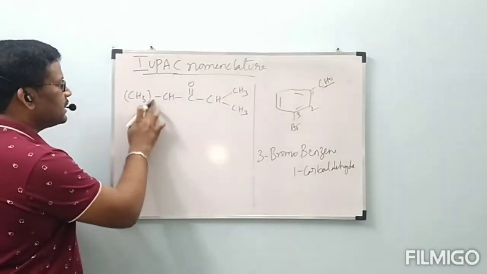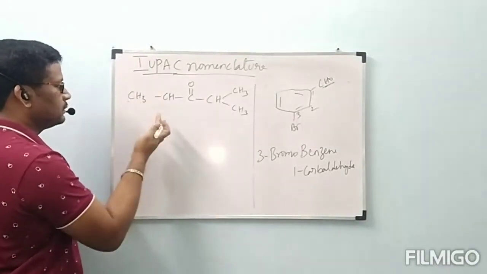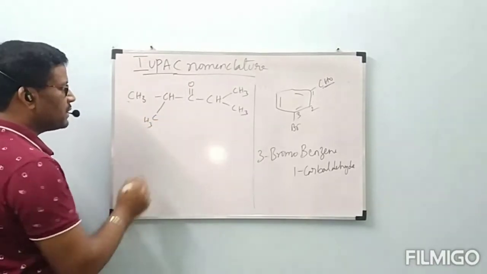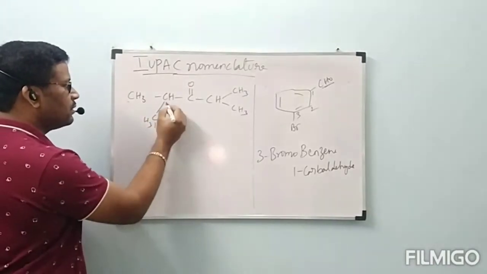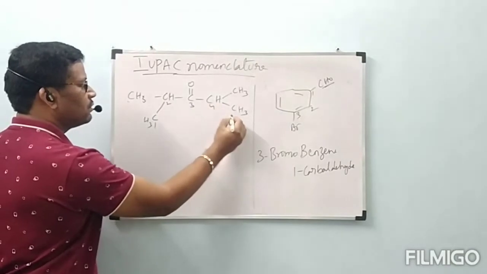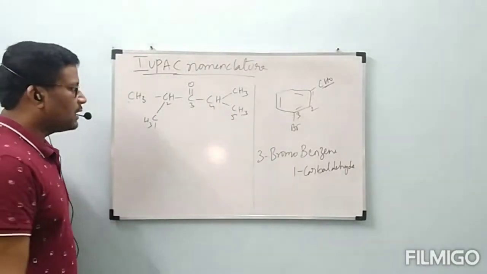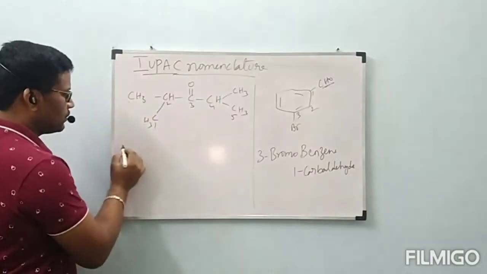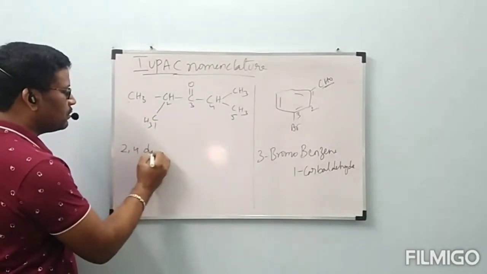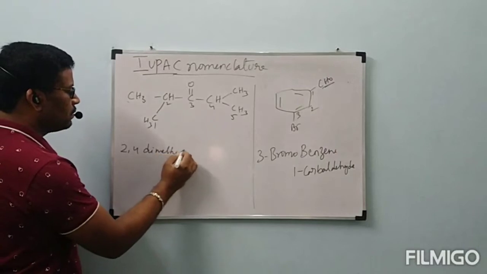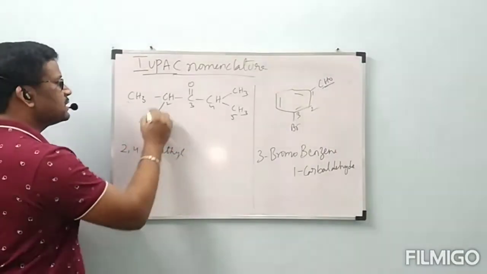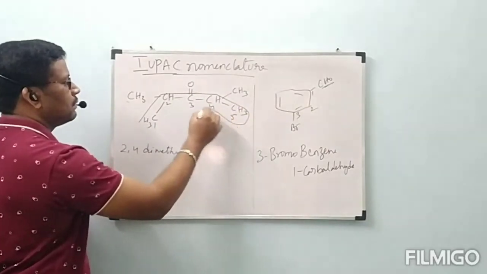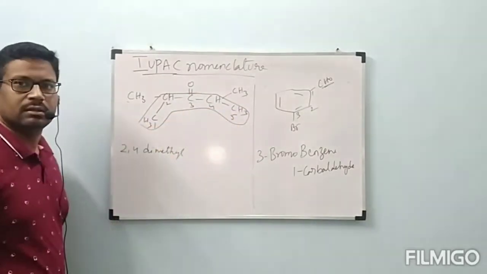This one also I am writing like this. Then, from any carbon we can start numbering 1, 2, 3, 4, 5. On which carbons methyl groups are present? 2, 4. So, 2,4-dimethyl. What is the parent chain? This is the parent chain.